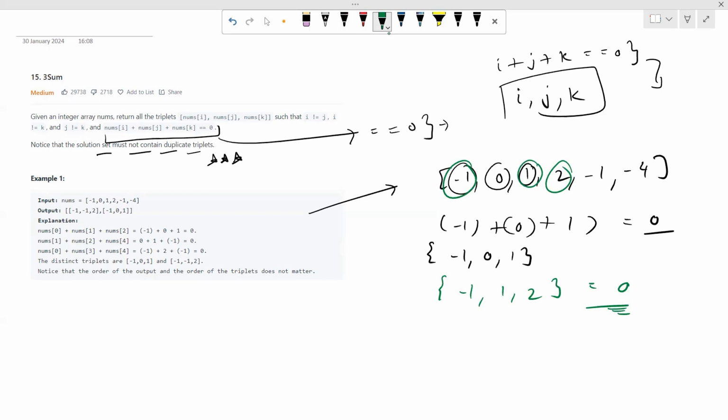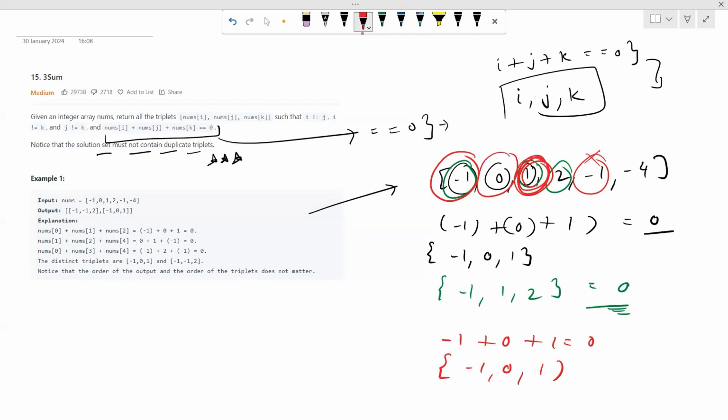There is one more triplet which can be considered as the answer, which is -1 again, then 0, then 1. So it will be -1 plus 0 plus 1, which will be equal to 0. Sorry, we need to consider this element, not this element.